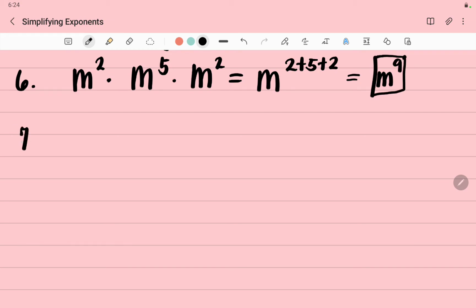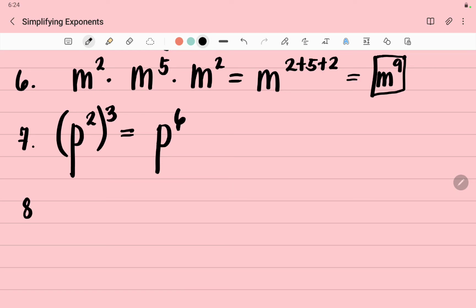Next, number 7. We have p raised to 2 raised to 3. So we have now p raised to 6 by the power of a power.